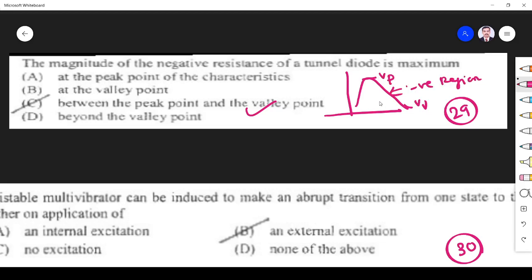Here, as voltage increases from V1 to V2, the current is decreasing. So that is negative resistance. The magnitude of the negative resistance will be maximum in between the peak point and the valley point. So option C is the right answer.